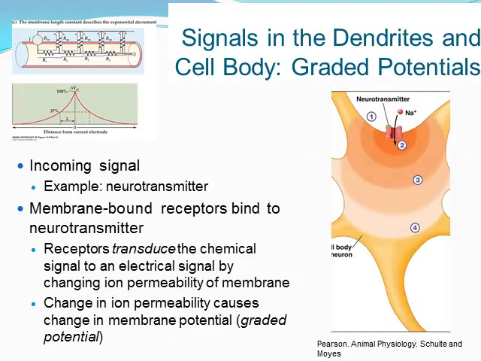It is the change to a more positive signal, in this example inside the cell versus outside, that changes the membrane potential of the cell. So this is what's occurring throughout the dendrites and the cell body of the neuron.